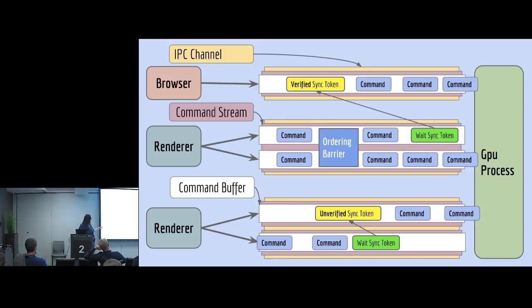This is a way of making sure that what is after the wait sync token comes after the commands. And the same idea applies to the verified sync token, which is a little bit different and needs to be signaled across and things like that. But basically, you can promote an unverified sync token to be a verified sync token and do the same thing. And I will show you an example of when that is necessary.